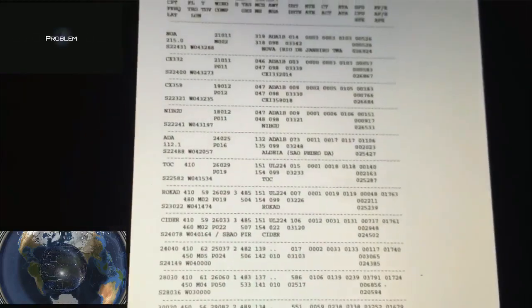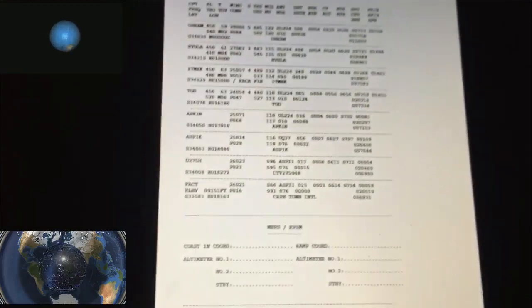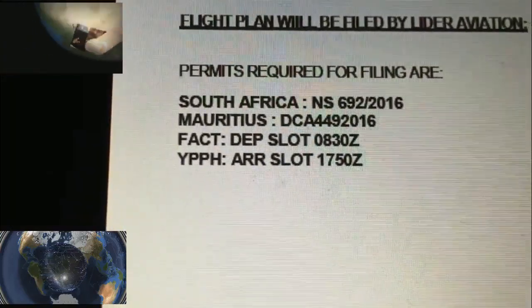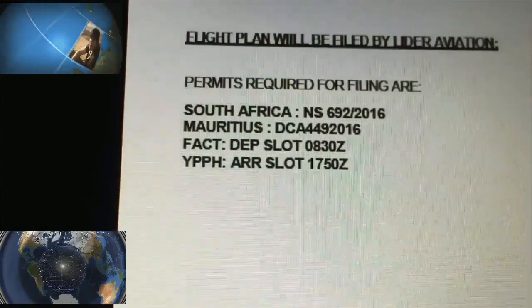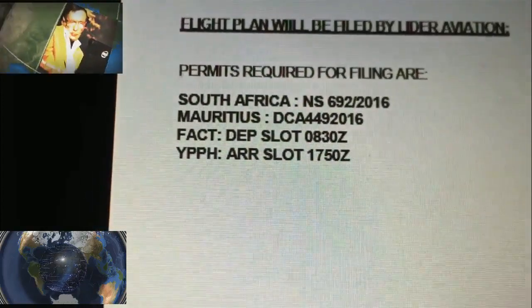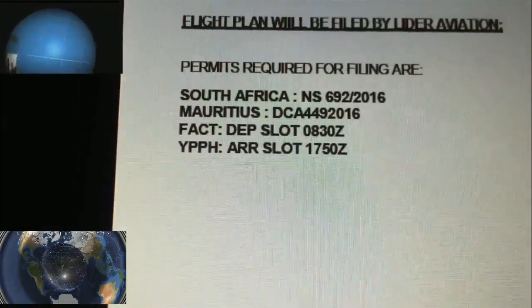So what I'll do is upload this flight plan. You can download it and have a look at it yourself. And if we just keep going, okay, all the waypoints, and this is some information on the estimated time of departure from Cape Town and the arrival into Perth. So as you can see, those times match fairly closely, within 10 minutes or so, to the actual times that we conducted the flight in the video.